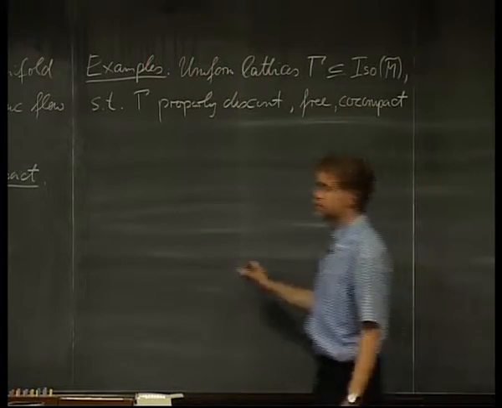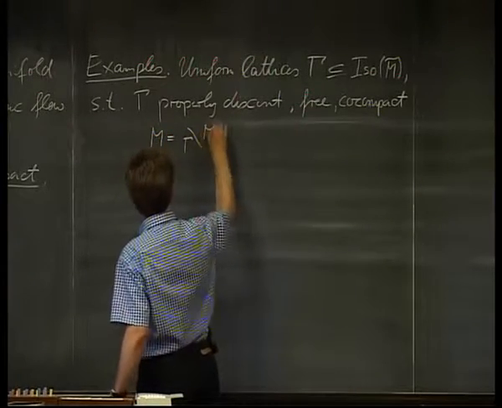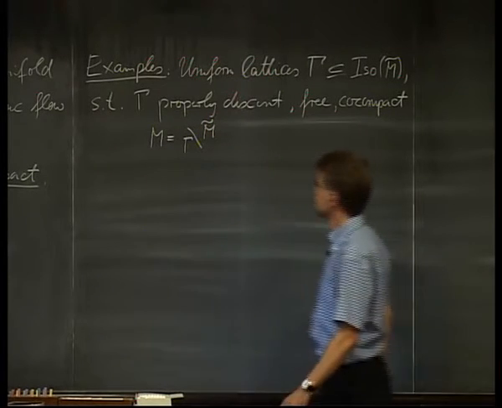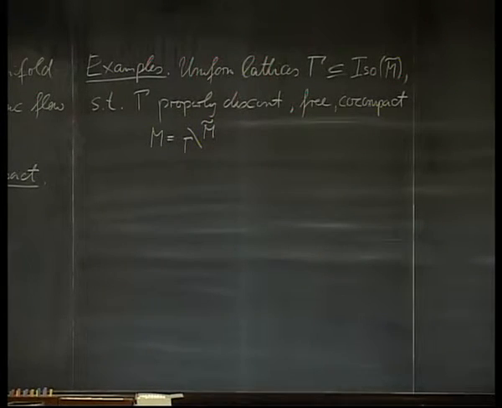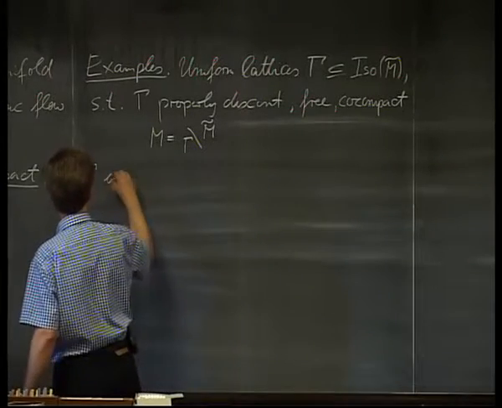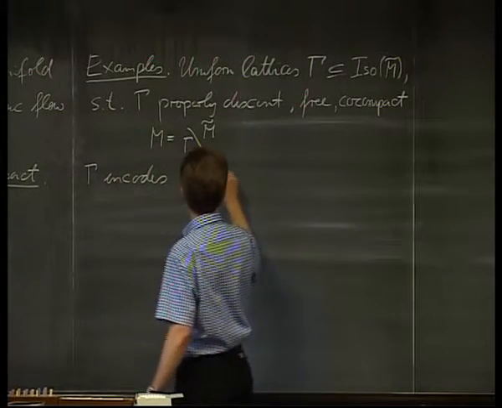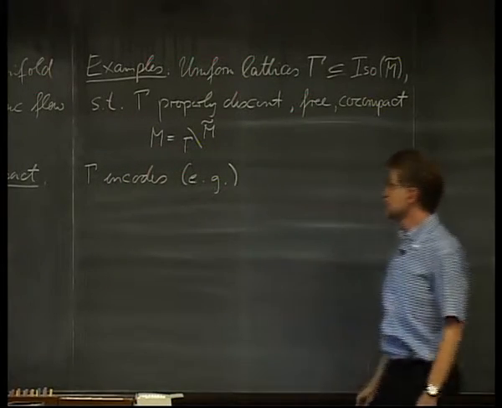So in this case, I will have a quotient manifold which is compact, and it's interesting to note that gamma encodes lots of geometric information about M and M tilde.